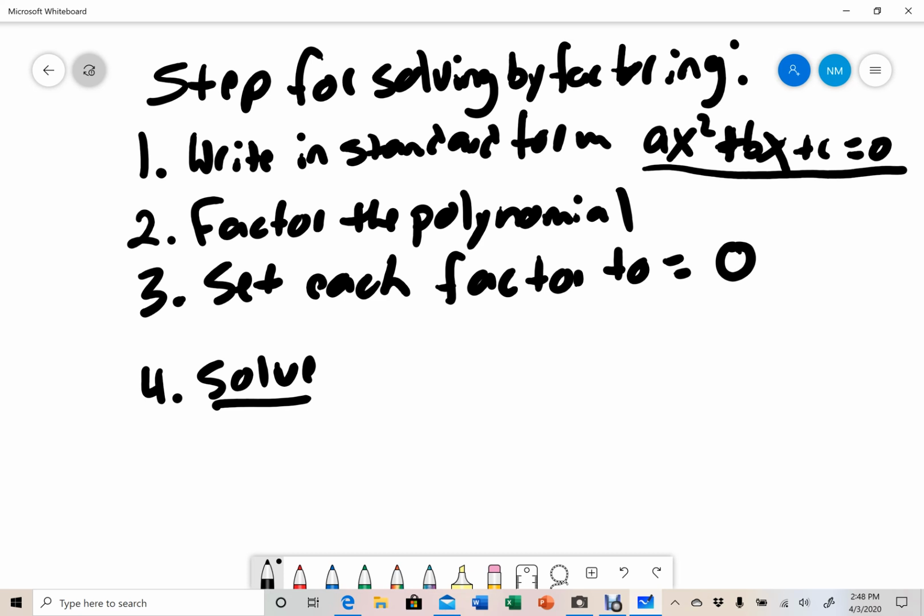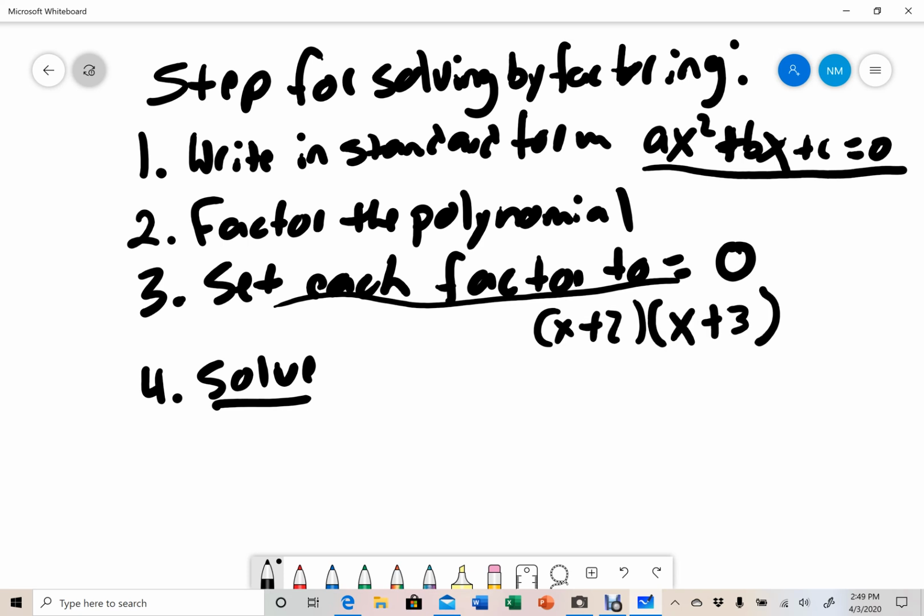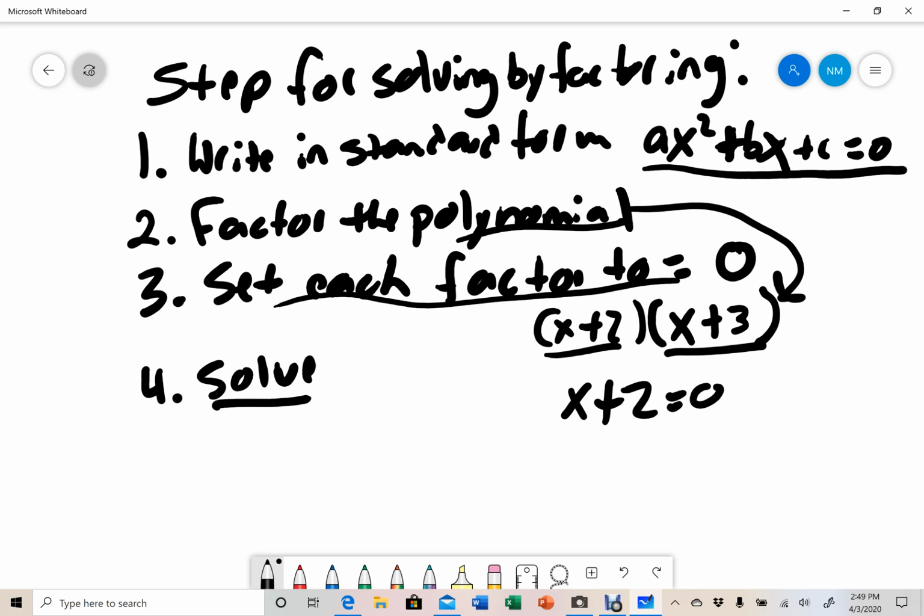Now what I mean by set each factor to equal 0, let's say I've got x plus 2 and x plus 3. Okay? I've factored my polynomial and I get this. We're going to set each one of these to equal 0. So x plus 2 equals 0, and then x plus 3 equals 0.